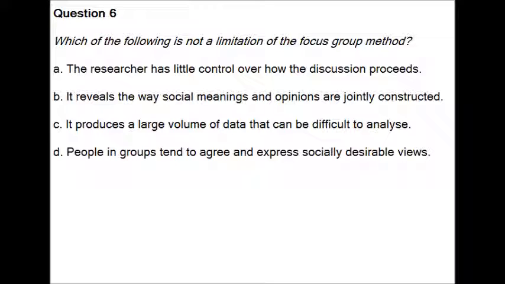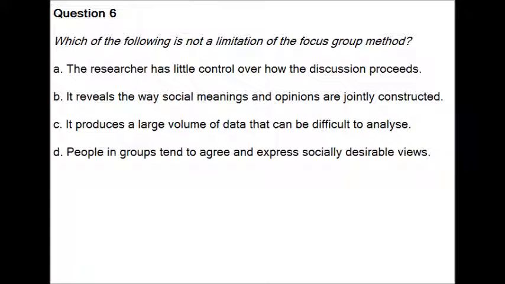Last question. Question 6. Which of the following is not a limitation of the focus group method? A. The researcher has little control over how the discussion proceeds. B. It reveals the way social meanings and opinions are jointly constructed.